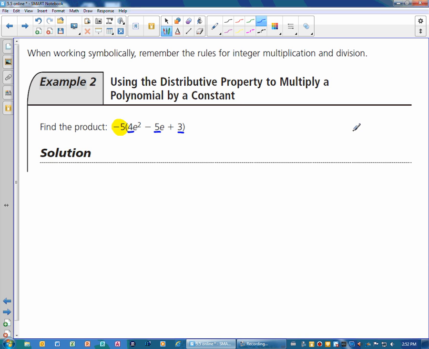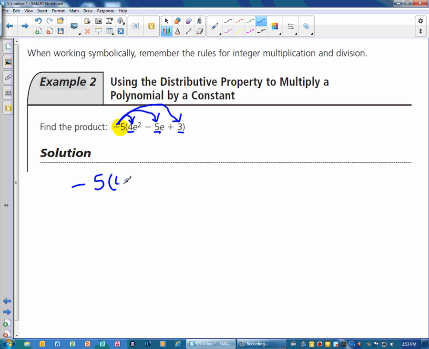If I have negative 5 times 4e squared minus 5e plus 3, it means that I have 5 sets of this, 5 sets of this, and 5 sets of this. So what we do is we distribute that negative 5 through the bracket. That's the terminology we use. We're distributing this negative 5 through. So we have to have negative 5 times 4e squared.